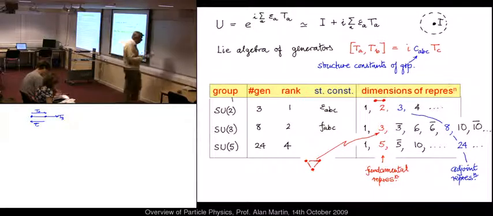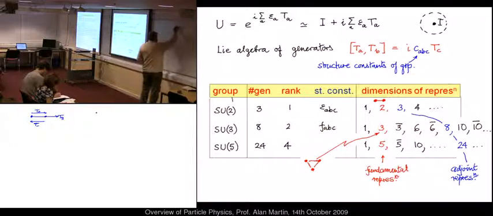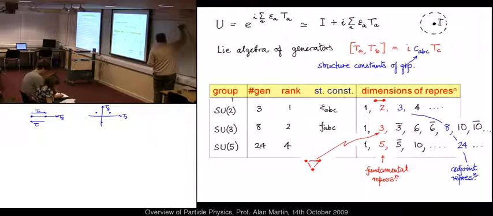So SU3 has got these eight. I'm now plotting it in T3 this way and T8 that way. And these are the eigenvalues of these two operators, which can be simultaneously diagonalized, and so we have that situation there.